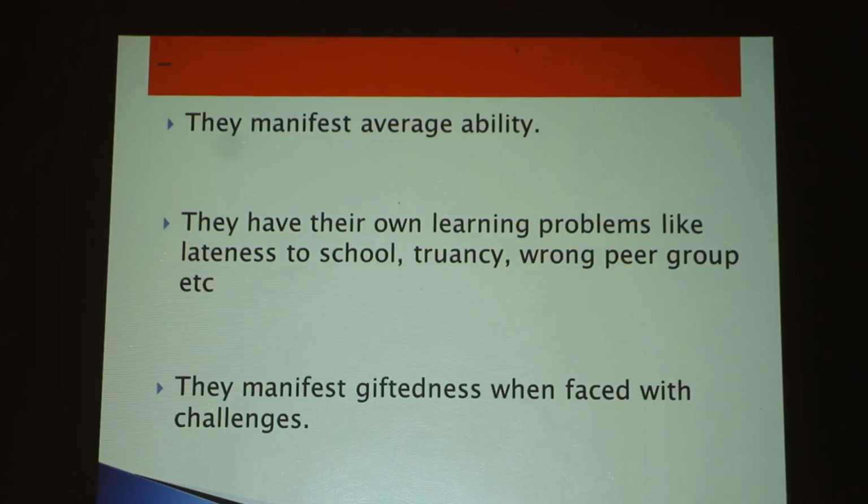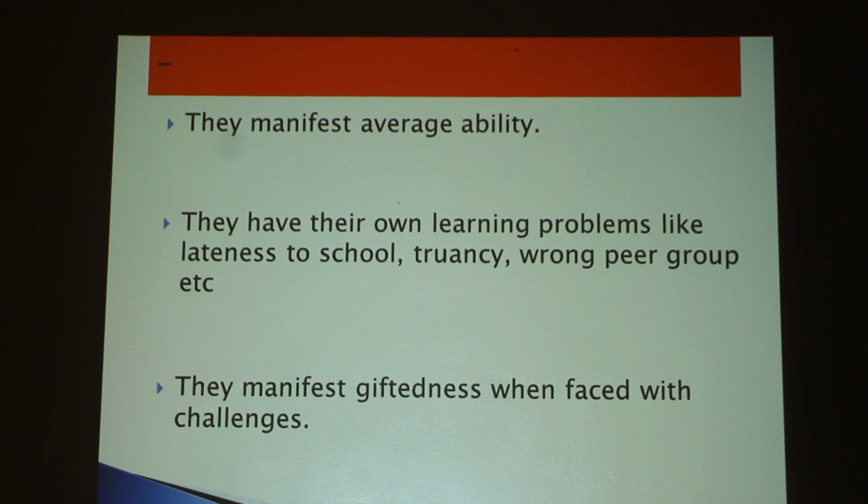Those are the learners. We have three types of learners. We have the slow learners, we have the talented, and then the average. Characteristics of the average learners. They manifest average abilities. They do things but with a little bit of difficulty or slowness. I mean, they are a little bit slow.